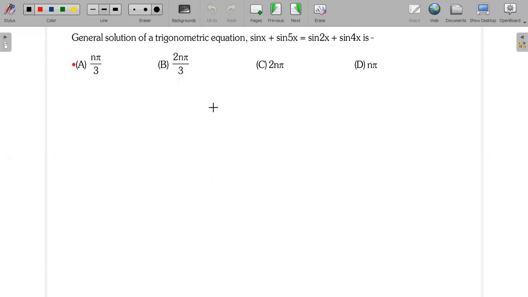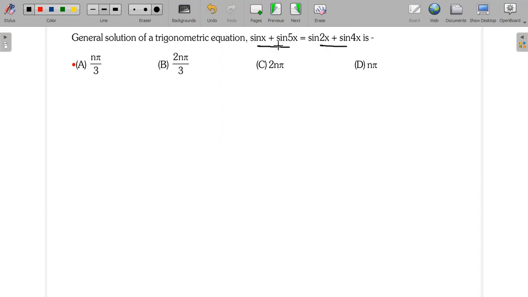In this one, we need to check which one of the options is right. We need to find the general solution for this trigonometric equation. We have two sine terms on the left hand side as well as on the right hand side. Now, please focus on their angles. Does their sum or difference make any sense?